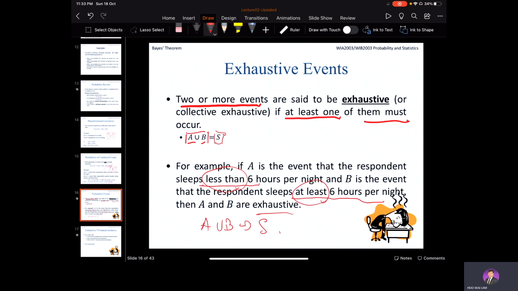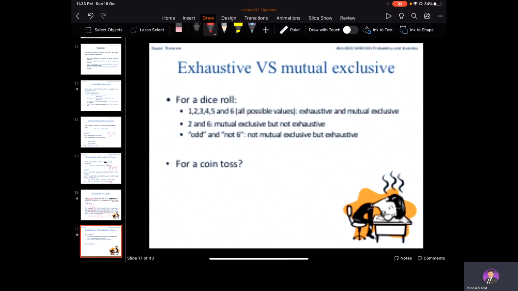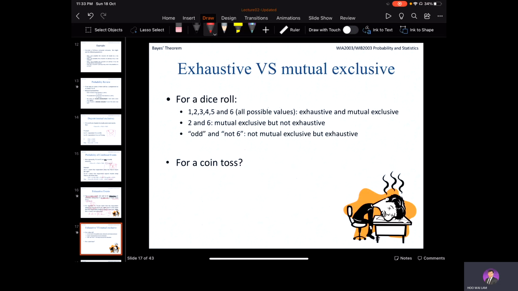Sleep less than 6 hours is 0 to 6. At least 6 hours is more than 6. Whenever you have this kind of situation, you cover all the possibilities, and all the possibilities fall into your sample space. So over here, we're showing some examples.